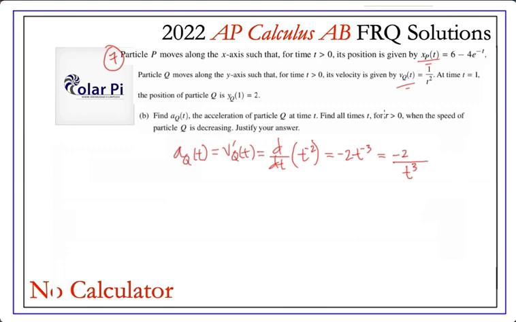Or we need to find the times where t is greater than 0 when the speed of the particle is decreasing. That means that velocity and acceleration need to have opposite signs. So when one is positive, the other is negative, or it's negative and then positive. But how do we do that?